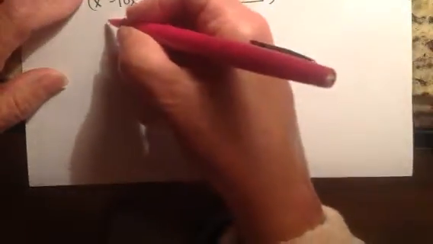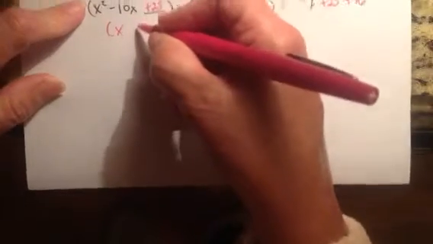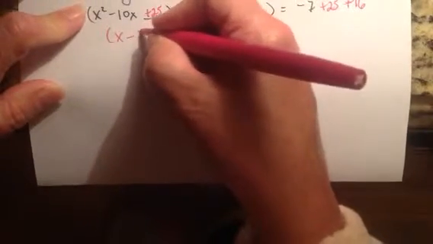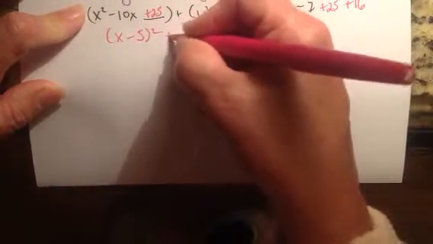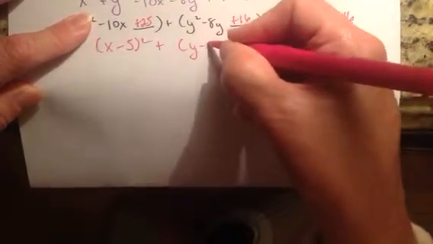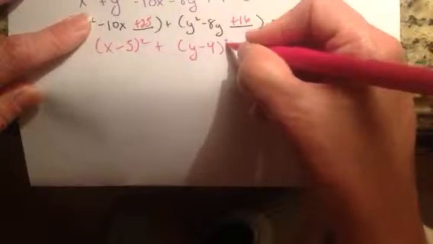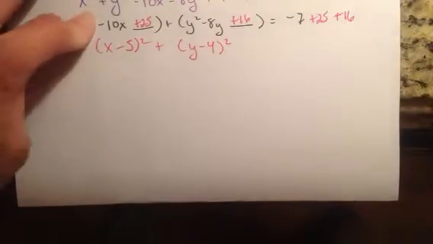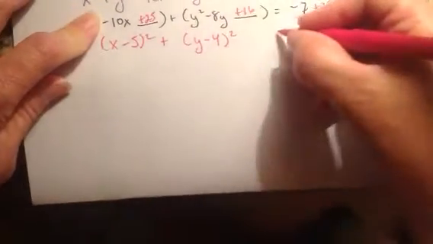So this factors nicely. This is going to be x, and then half of that b term, so negative 5 squared, and this is going to be y minus 4 squared. And this equals 34.